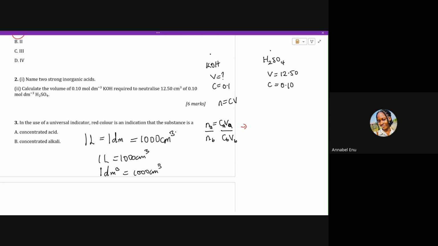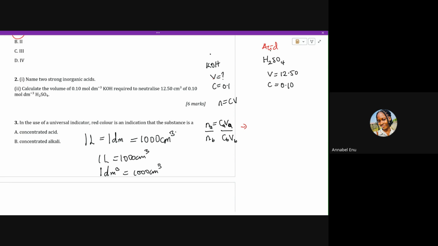C acid, which is concentration of acid, we know it. V acid, volume of acid, we also know it. So we need to find n acid and also n base, so that we'll be able to find volume of base, which is V base.